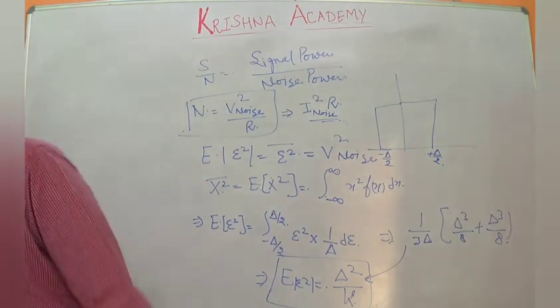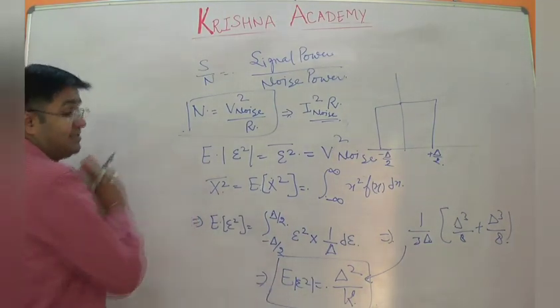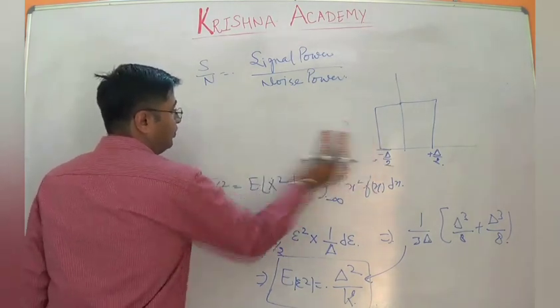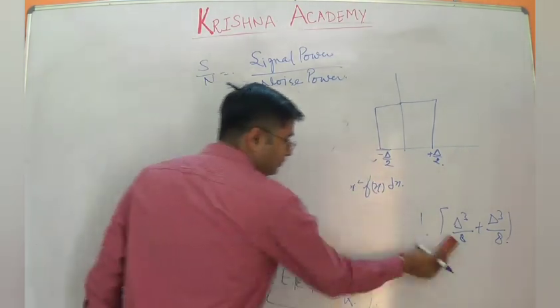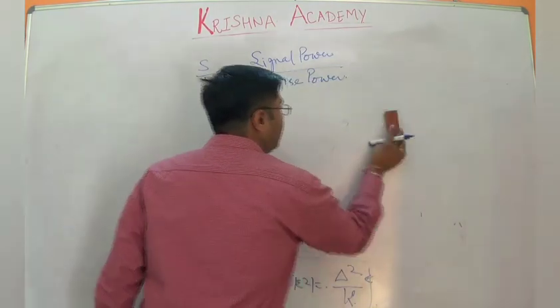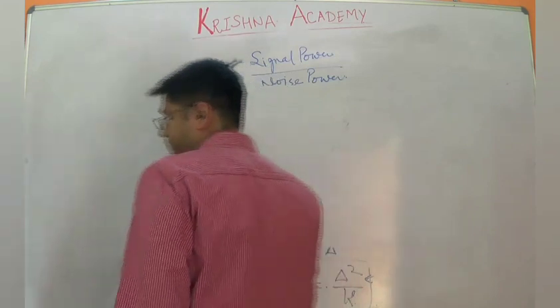Now this value we will put in the SN ratio. You already got the value. Now we will put the value over there. How are we going to put that value over there?